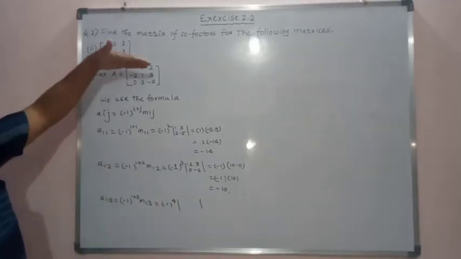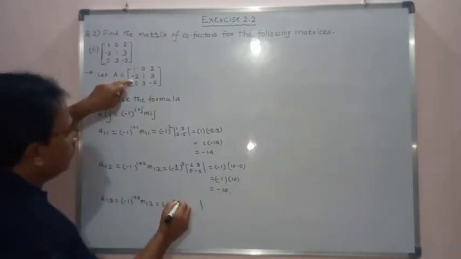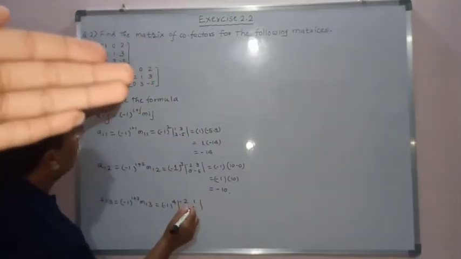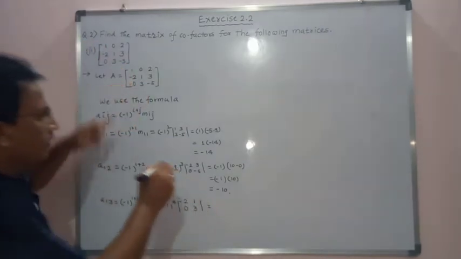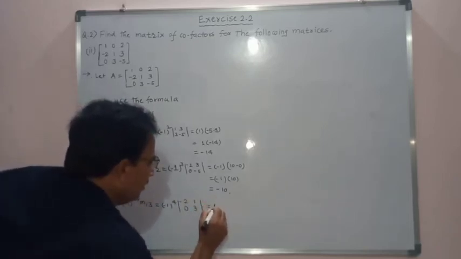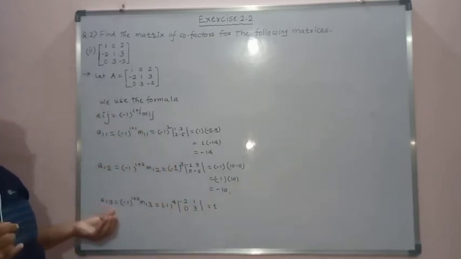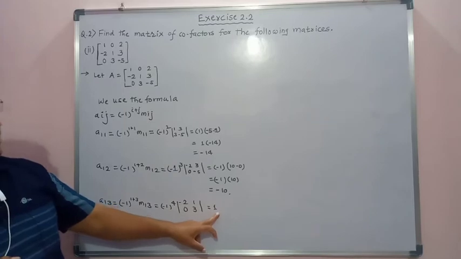M13 means leaving off the first row and third column. We use the elements minus 2, 1, 0, 3. Minus 1 raised to 4 is plus 1, since 1 plus 3 is 4, an even number, we directly use plus 1.